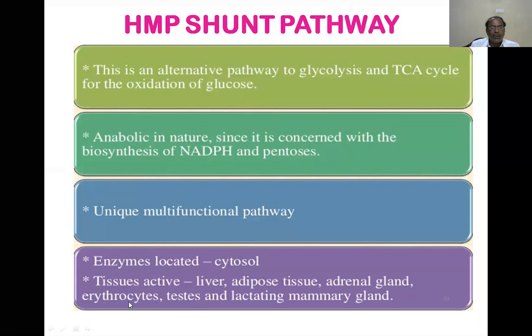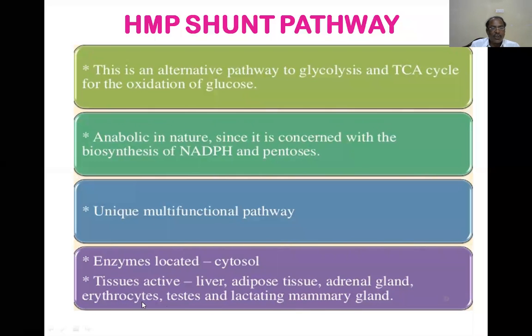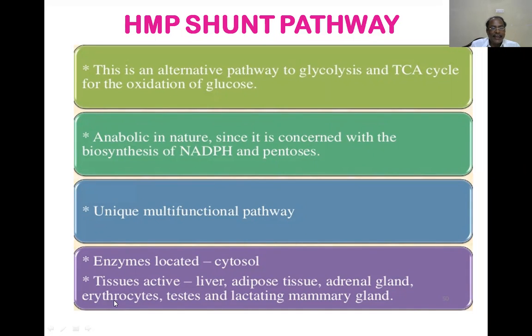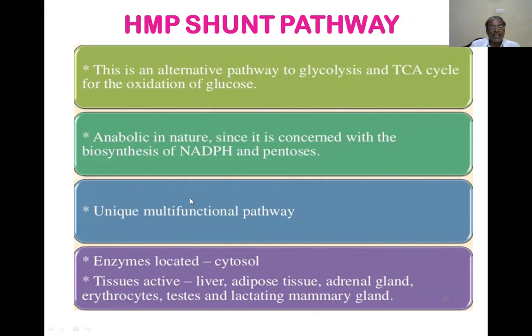Erythrocytes. The most important is erythrocytes. NADPH is very, very essential, because in the erythrocytes, the nascent oxygen inserts into the membranes and produces what is called peroxidative attack, or otherwise oxidative attack. This oxidative attack has to be neutralized by a substance called glutathione, which is present richly in erythrocytes.